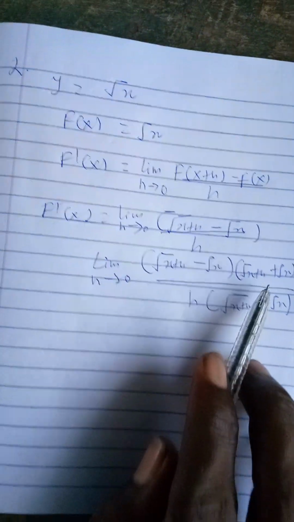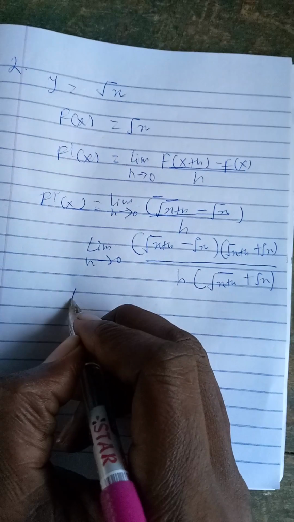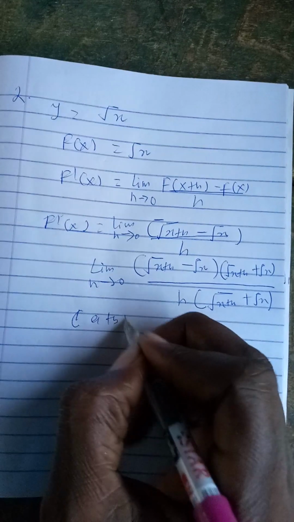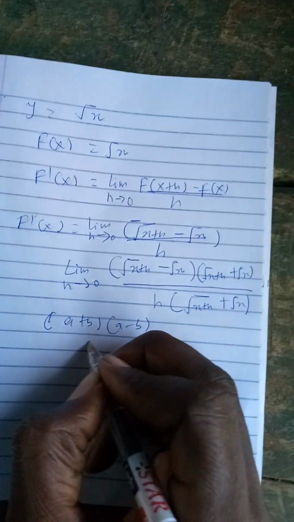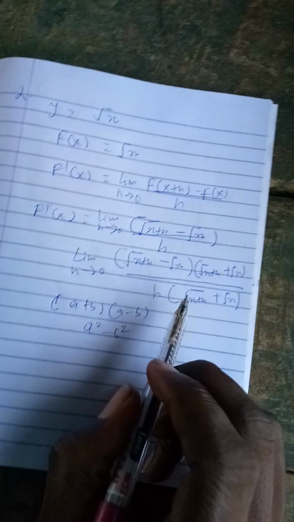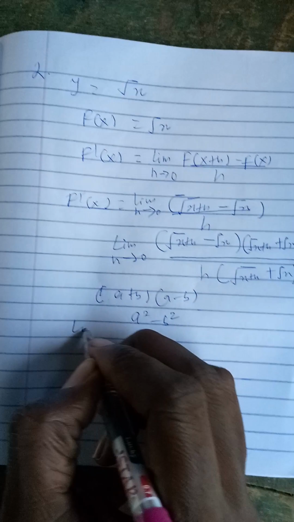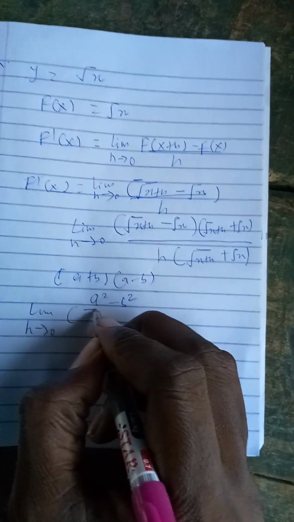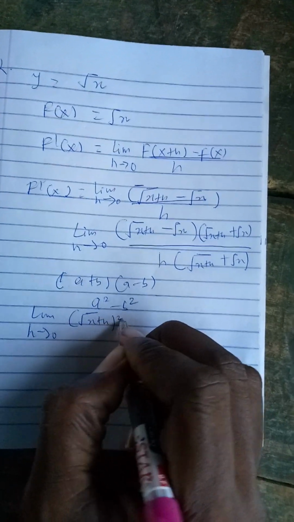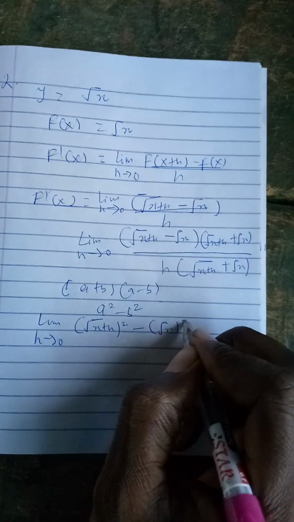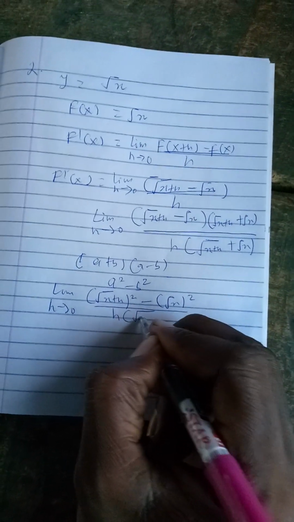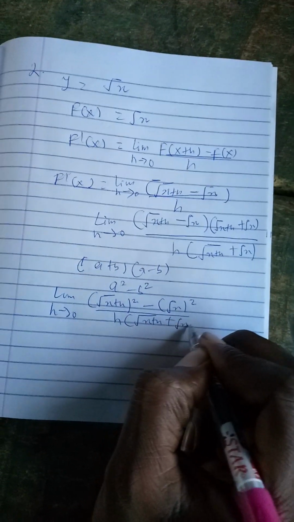If we expand this, using the algebraic identity (a plus b) multiplied by (a minus b) gives a squared minus b squared, you can see this is our a and this is our b. So I have the limit as h tends to 0 of [root of (x plus h)] squared minus [root of x] squared over h times [root of (x plus h) plus root of x].